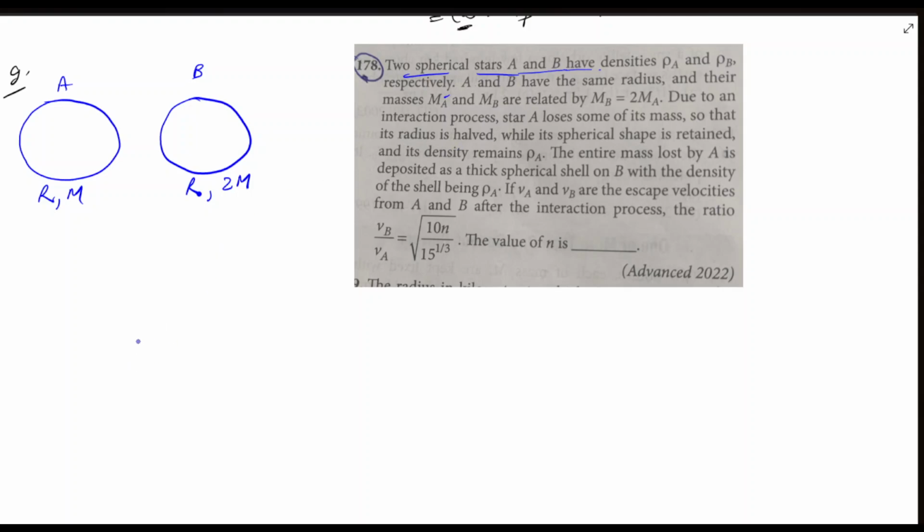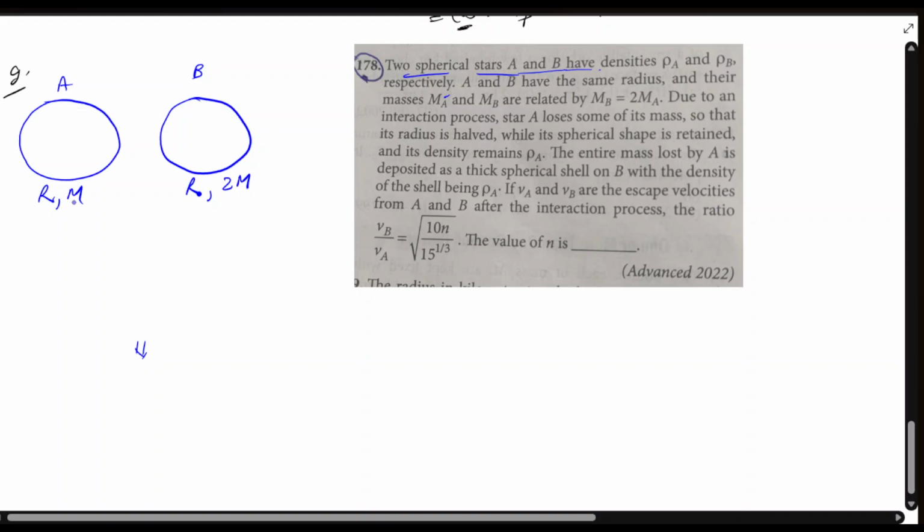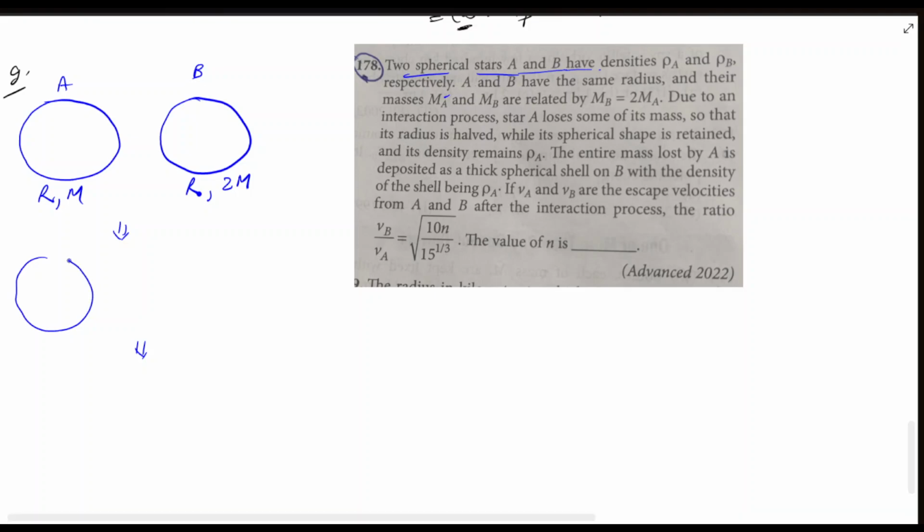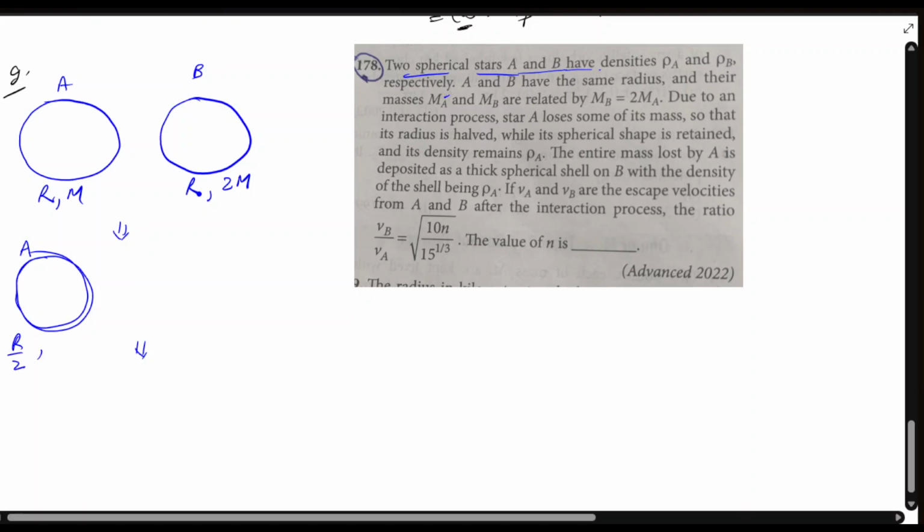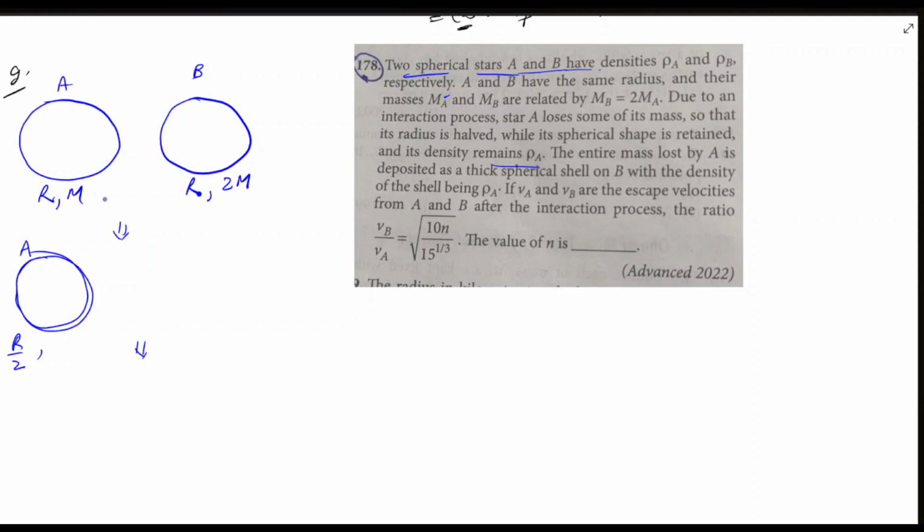So what happens is, after the situation, this becomes, let's say, A. Now the radius becomes R by 2, right? Spherical shape is retained and its density remains the same. So let's say the density of this is rho.